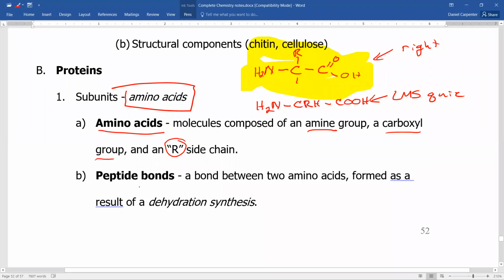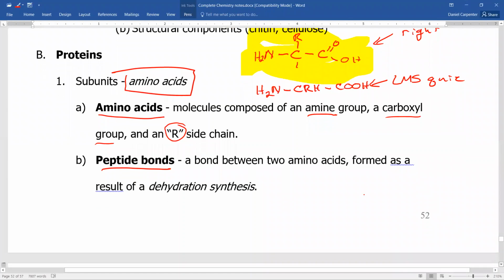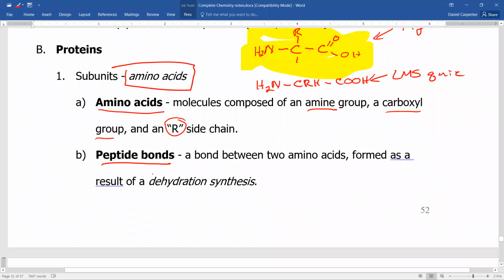So these amino acids are hooked together in peptide bonds. A peptide bond is a bond between 2 amino acids, and it is formed as a result. Well, we'll just do the first part. First we'll show you an amino acid.